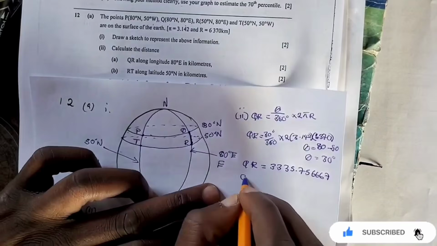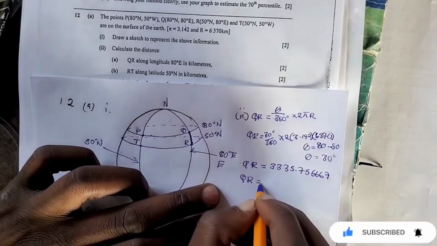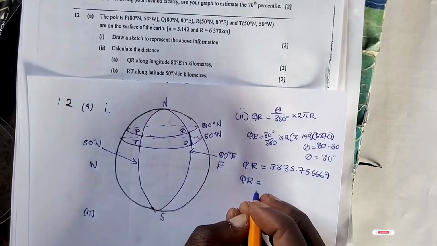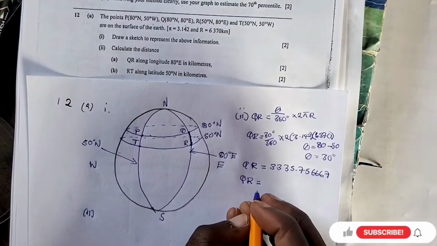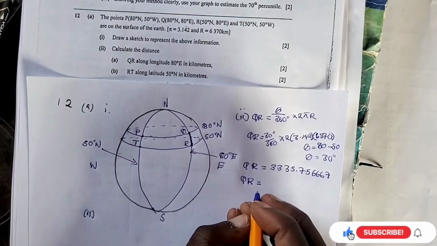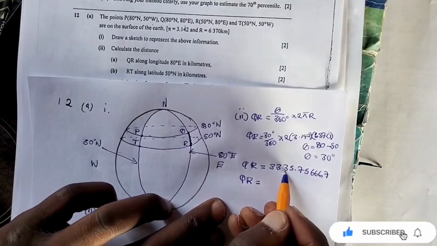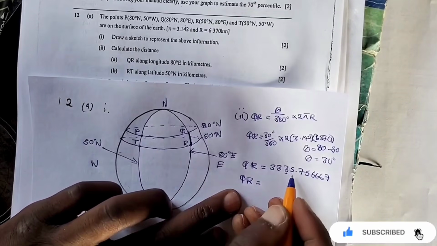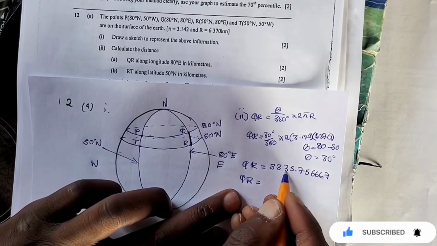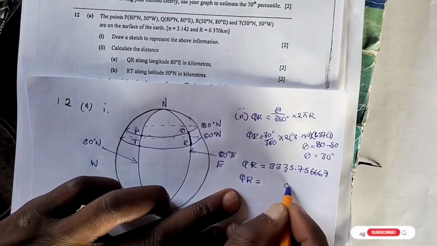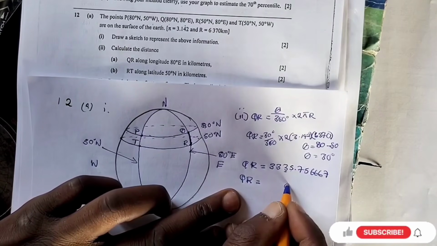Is the degree of accuracy specified here? No. What does the instruction state if the degree of accuracy is not specified? We leave our answer correct to how many significant figures? 3. So 1, 2, 3. Then the number above 3 will add 1 to this one, and the number itself becomes 0.